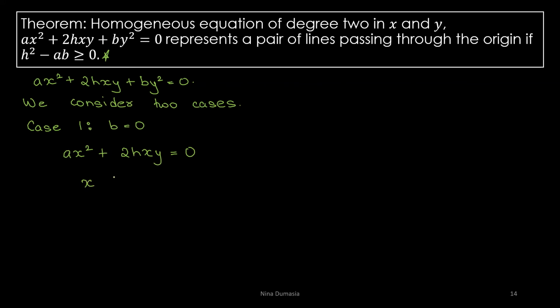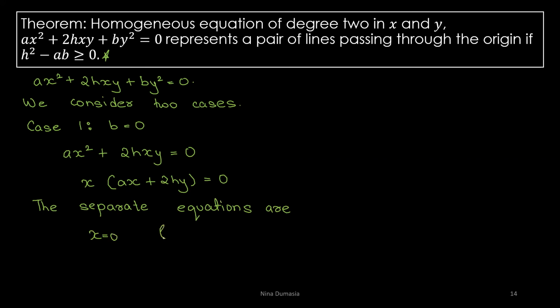So we get x common and we have x times (ax plus 2hy) is equal to 0. ये दोनों लीनियर इक्वेशंस है and they both represent lines. Okay, so you can say the separate equations are x is equal to 0 and ax plus 2hy is equal to 0.